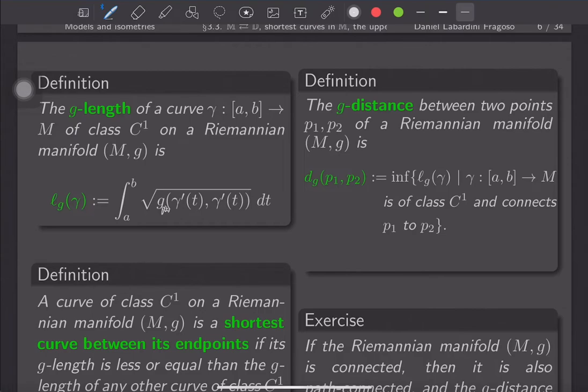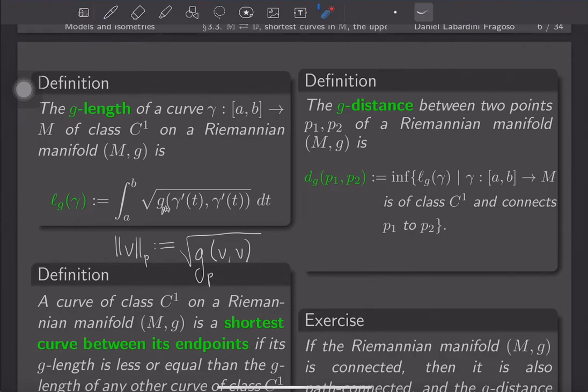So let's say the length of a vector which is tangent at p is defined as the square root of g sub p, the inner product on the tangent space at p, of v comma v paired according to that inner product.